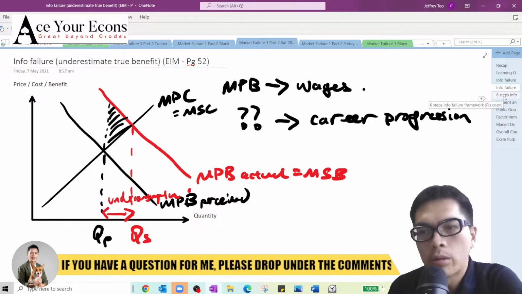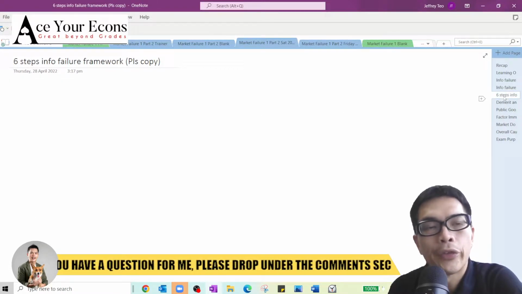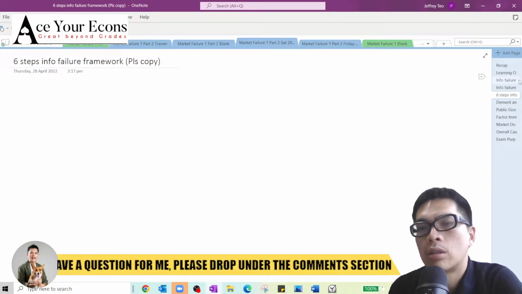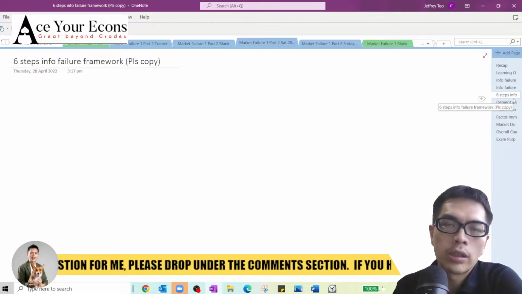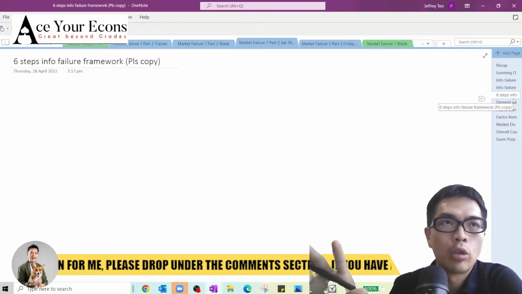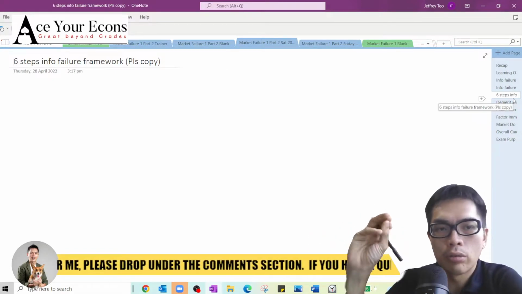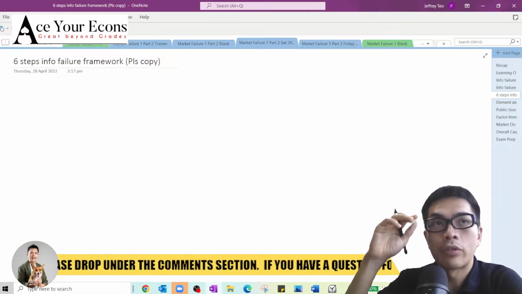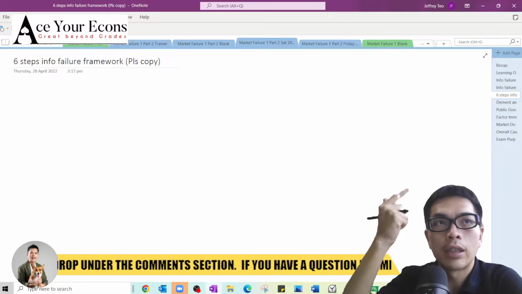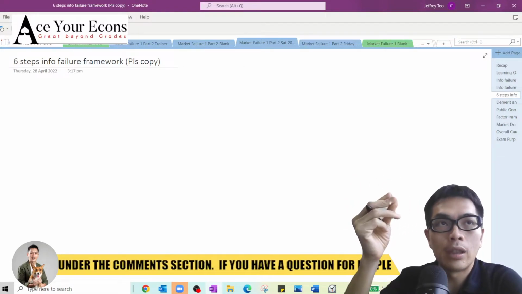Now, I'm going to quickly illustrate the 6 steps for info failure. Please copy this down. Like I've said, the 6 steps info failure framework stems from the externality framework, so we are just going to do some modification. The modification comes from step 1, step 2, step 3 a bit, and step 5.